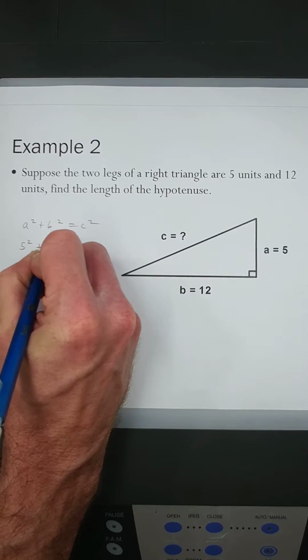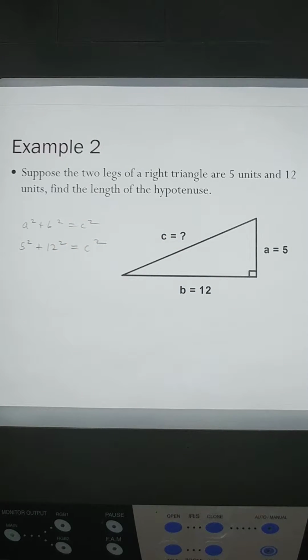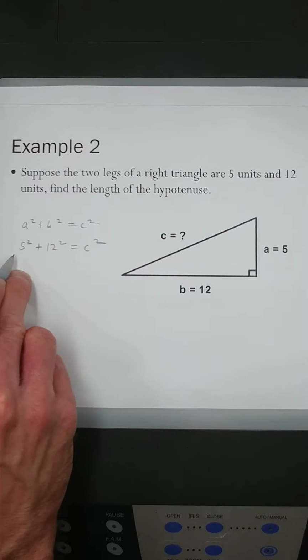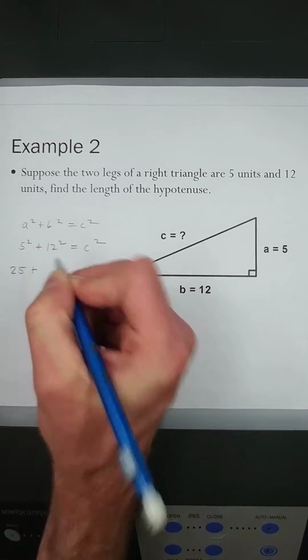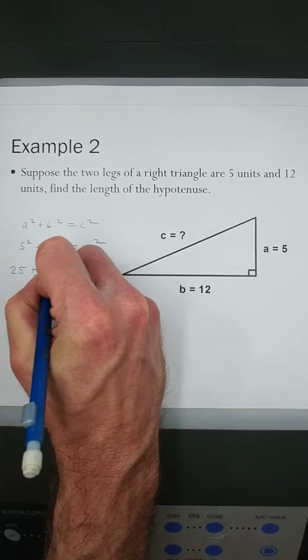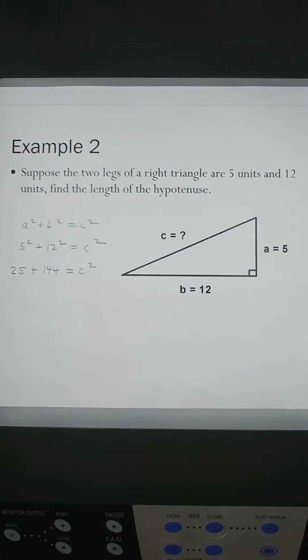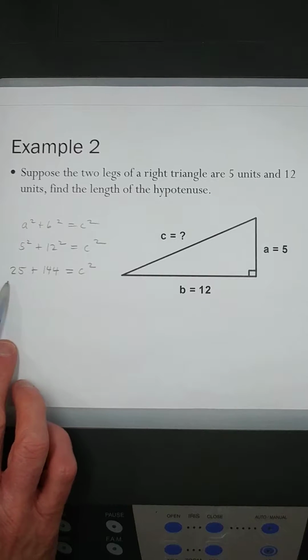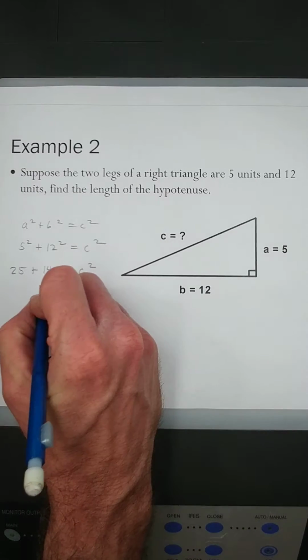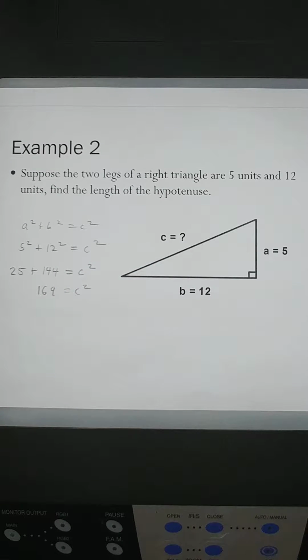So 5 squared plus 12 squared is c squared. 5 times 5 is 25. 12 squared is 144, equals c squared. So now if we add these up, 169 is the sum of 25 and 144.